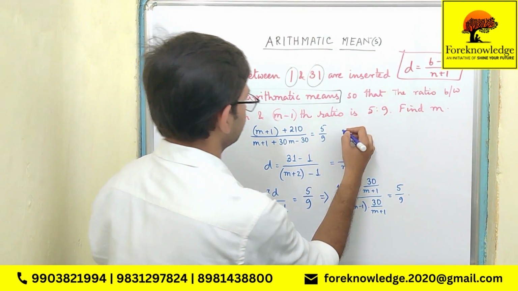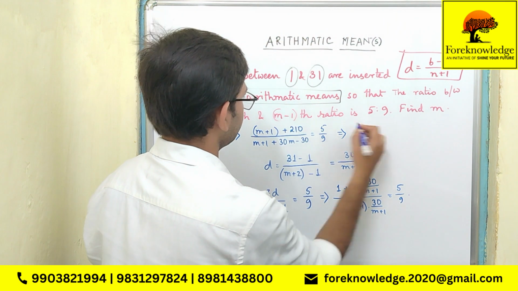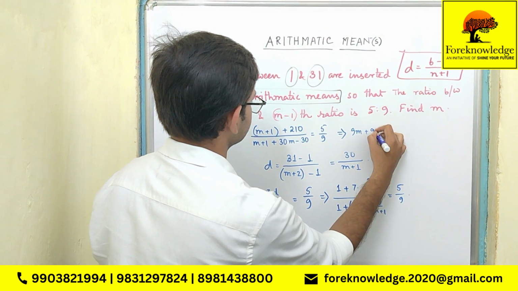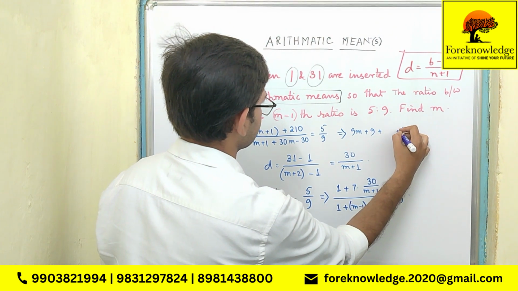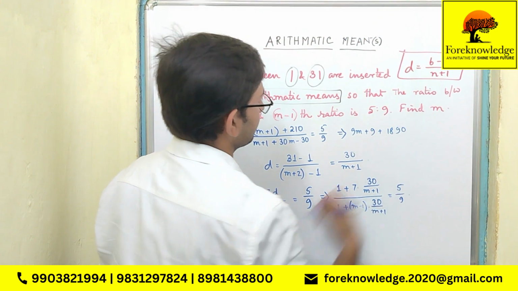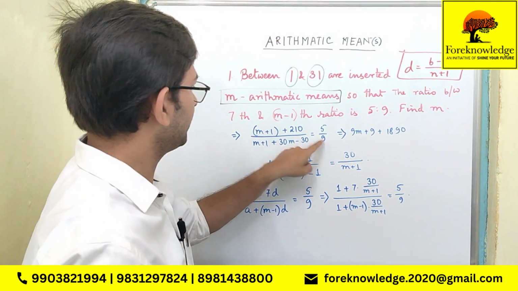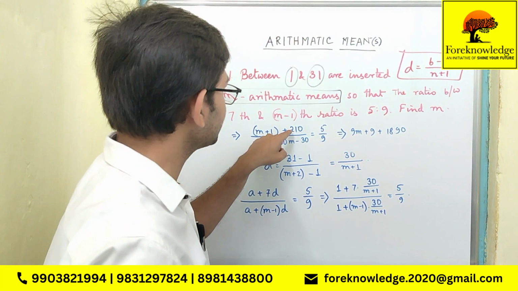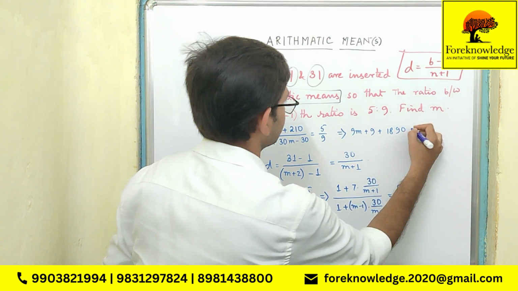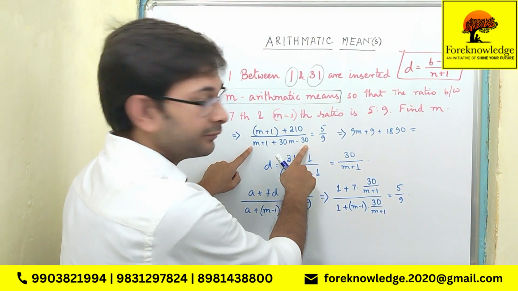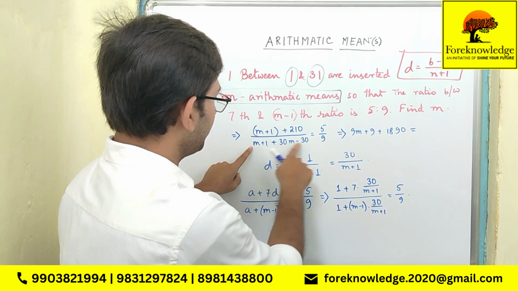Now solve. 9m plus 9 plus 9 into 210, that is 1890. This is equal to 31m minus 29.